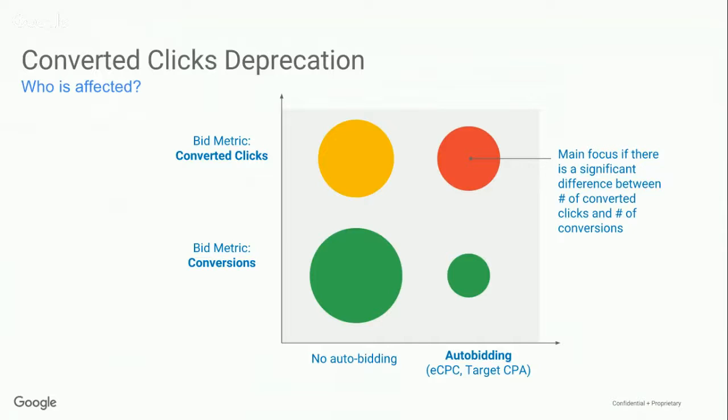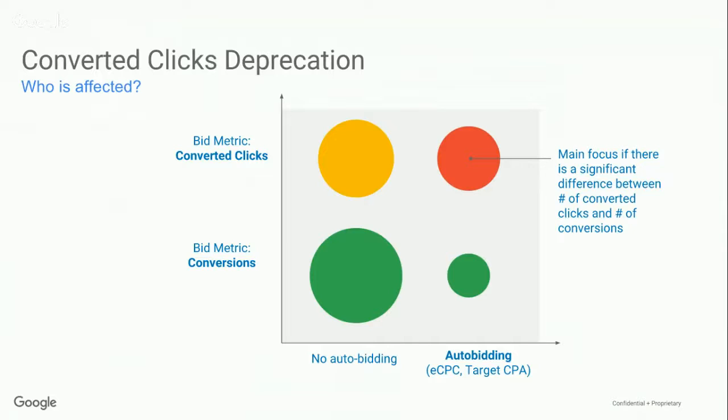However, if you have advertisers that are bidding based on converted clicks, if there's no auto bidding in place, there will be some changes because tracking from converted clicks moving to conversions and not being able to set that accurately may affect your conversion volumes. But since you're not auto bidding, there won't really be any negative impact to your campaign performance. What you'll be seeing is more conversions and lower CPAs.